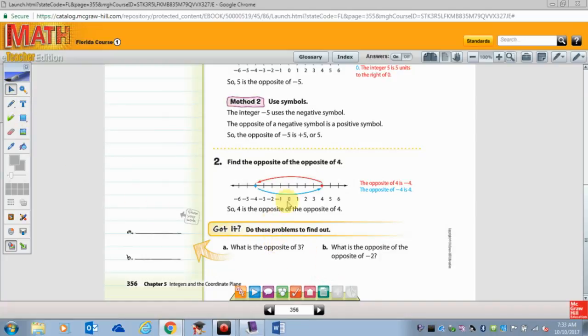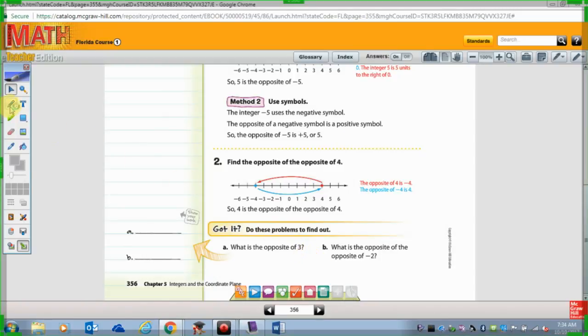The opposite of 3 is going to end up being -3. So -3 would be the answer here.